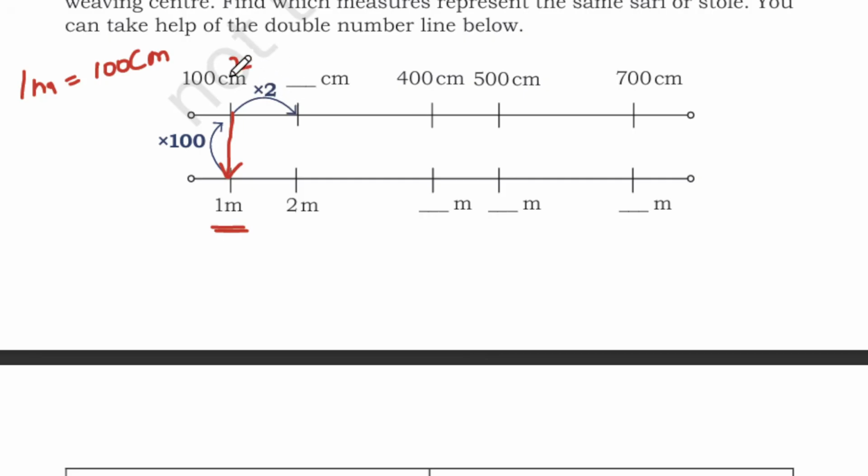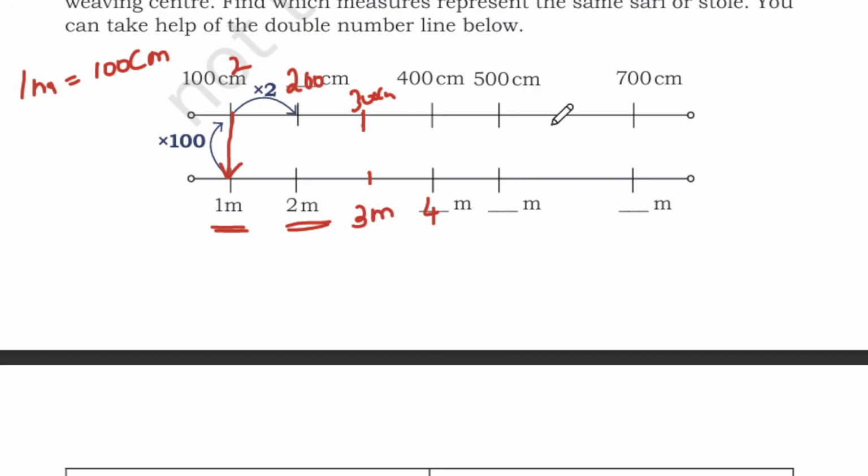So 100 into 2 is 200 centimeter. It is also 2 meters. Next we have 400 centimeter, which is also equal to 4 meters. Here this will be 300 centimeter and here you will have 3 meter.